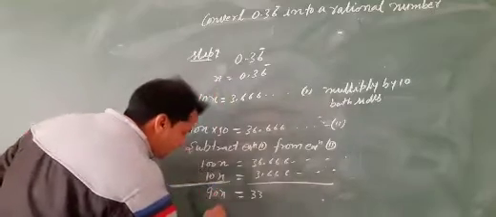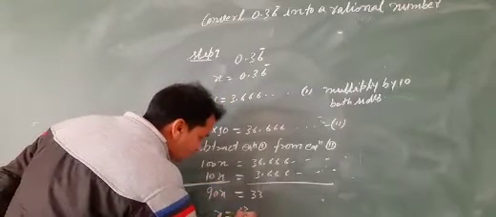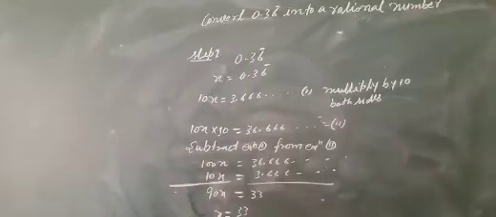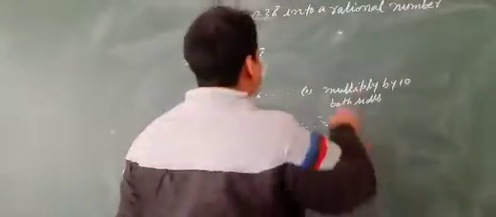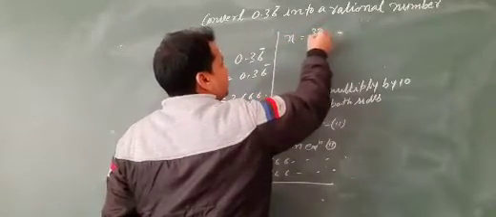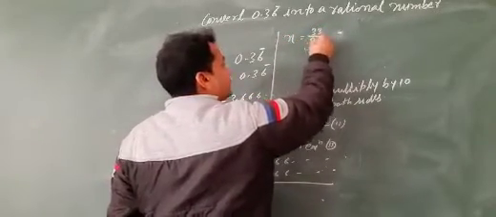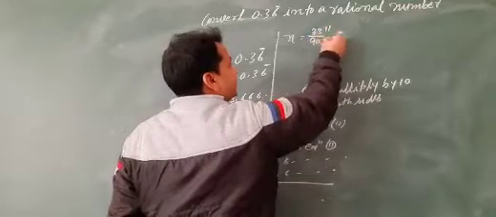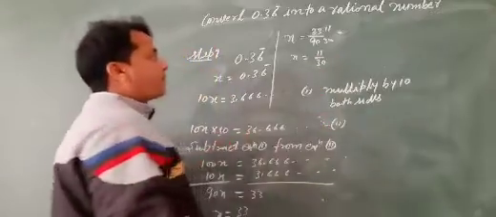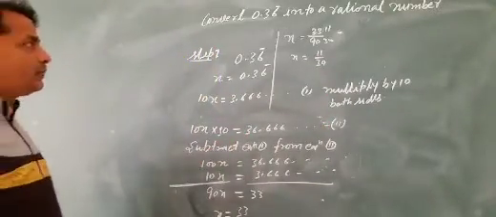Then x equals 33 by 90, which is 11 by 30.